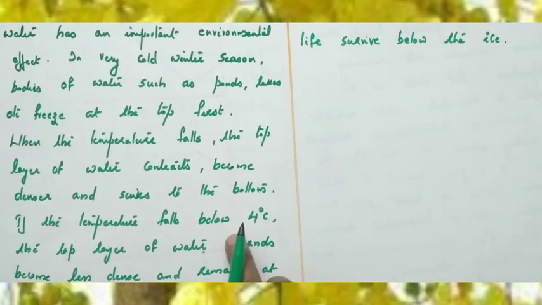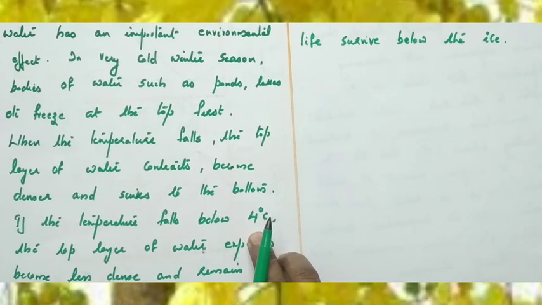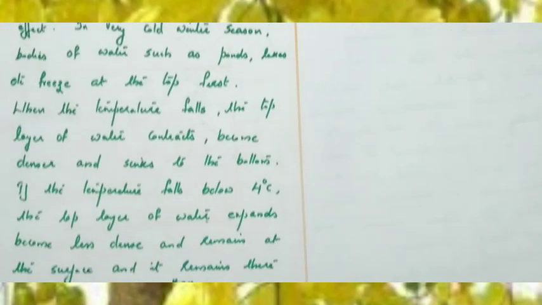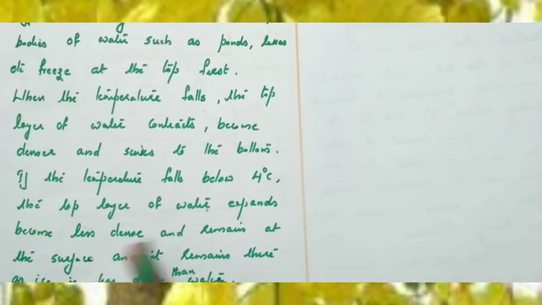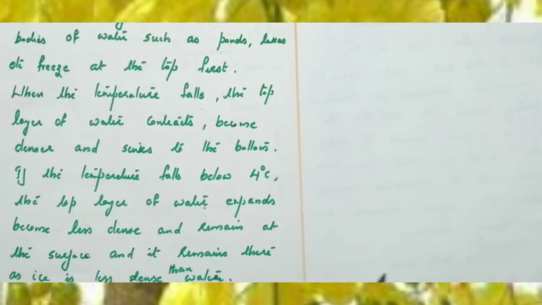But if the temperature falls below 4 degrees Celsius, we know that volume increases, it expands, isn't it? That is anomalous behavior. So below 4 degrees Celsius, volume increases, so the top layer of water expands, becomes less dense and remains at the surface, because density is comparatively less.